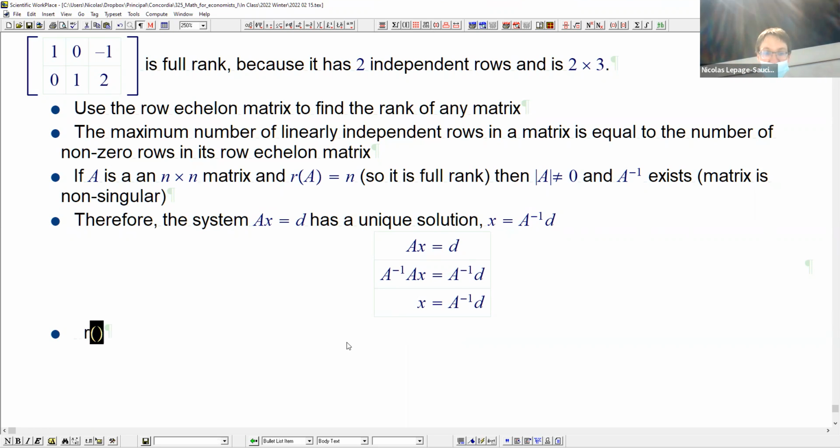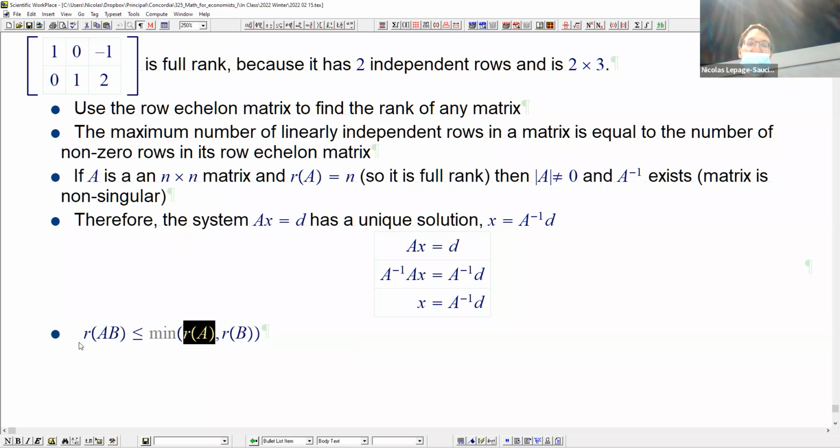The rank of AB is smaller or equal to the minimum of the rank of A and the rank of B. So essentially what we're saying there is if you start with a low rank matrix, then you cannot multiply it by something very, very big and hope to obtain something that's higher ranked.